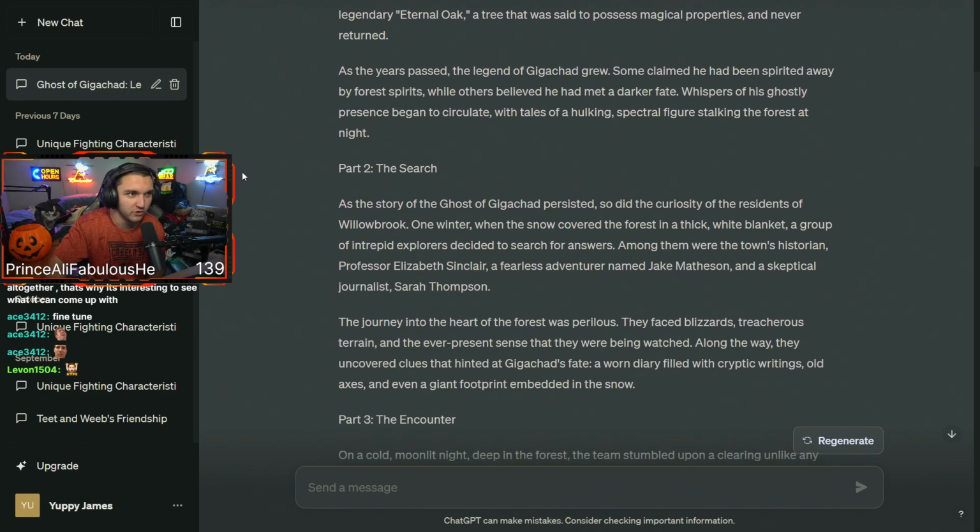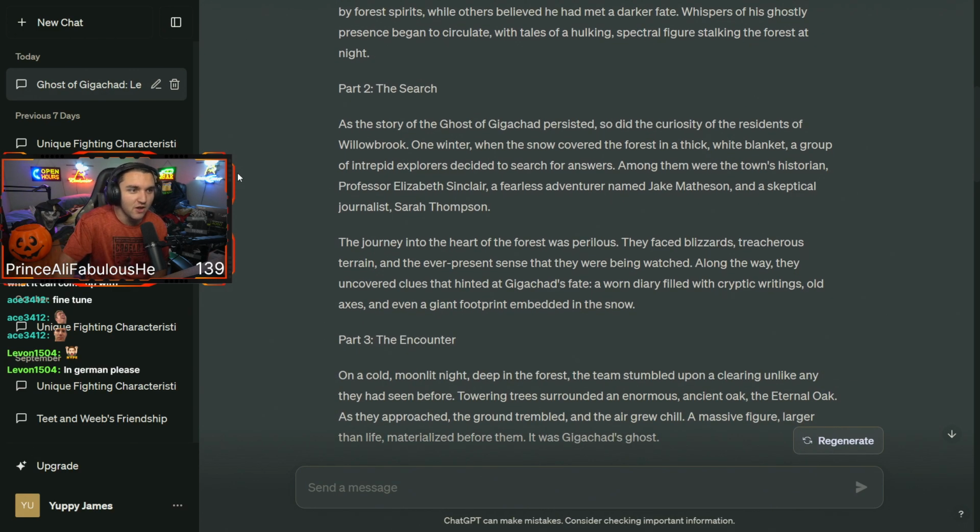Part 2. The Search. As the story of the ghost of GigaChad persisted, so did the curiosity of the residents of Willowbrook. One winter, when the snow covered the forest in a thick white blanket, a group of intrepid explorers decided to search for answers. Among them were the town's historian, Professor Elizabeth Sinclair, a fearless adventurer named Juke Matheson, and a skeptical journalist, Sarah Thompson.